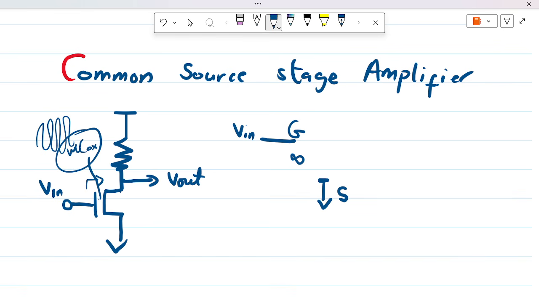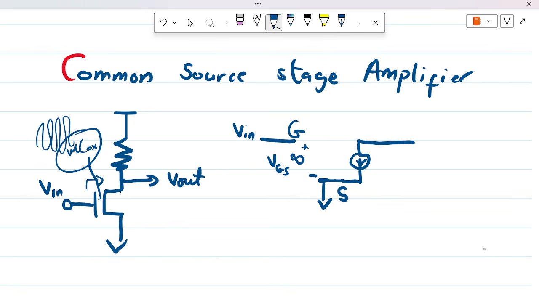So you have the source, which is grounded. Then, depending on the VGS, the voltage between the gate and the source, we will have the device operating as a current source if we are in the saturation region, and we already discussed the conditions for the saturation region.